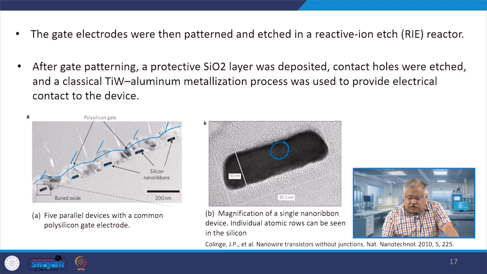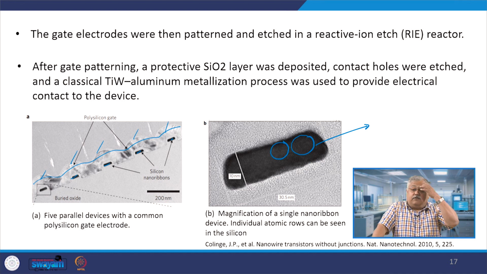If you go back again, I will refer to this TEM image here. You see the atoms are spaced in a very nice periodic fashion. If this would not have been the case, then the advantages of junctionless would be offset by large variability and issues with respect to the nanowire which is drawn there.